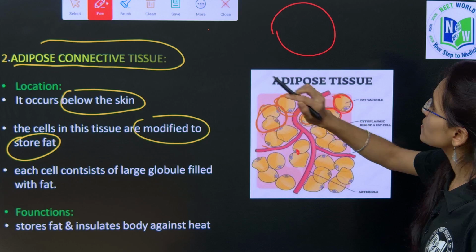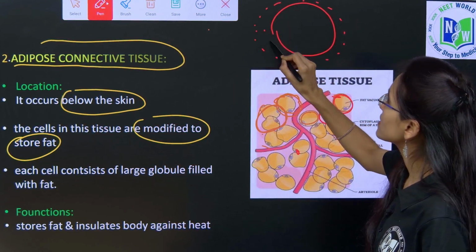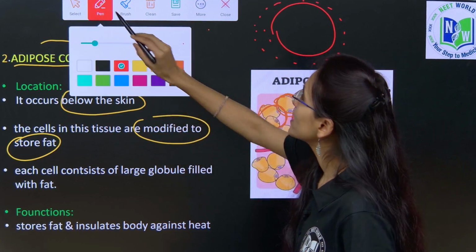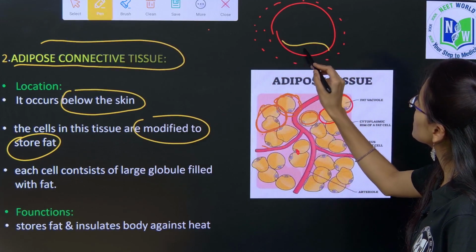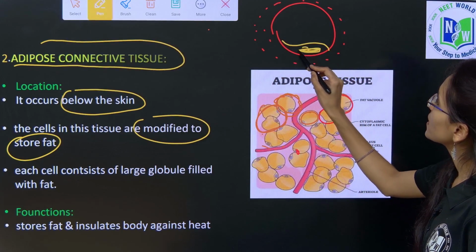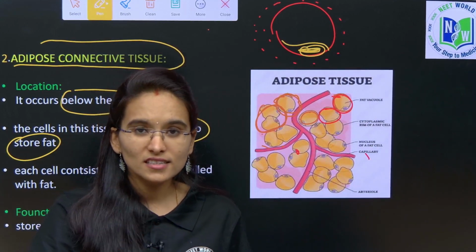See, it will be in this manner. It is an adipose tissue and it is surrounded by fluid filled space that is called cytoplasm, and inside this cell we can find a nucleus which is present in the periphery. Okay. In the adipose cells we cannot find the nucleus in the center. Why?